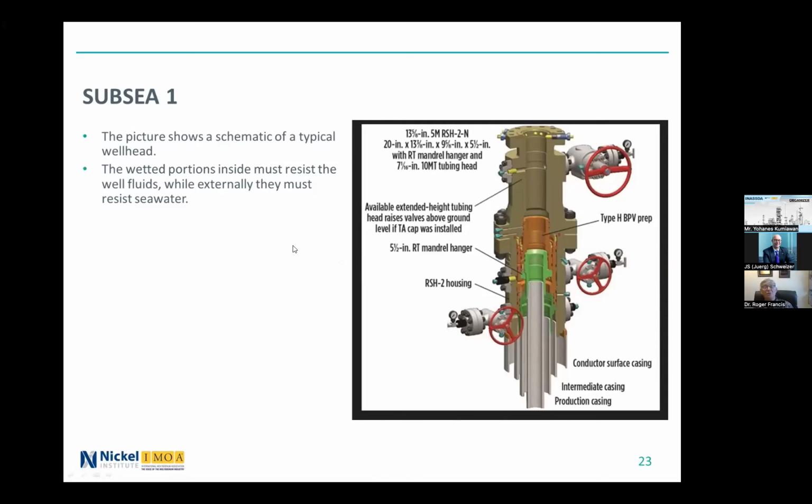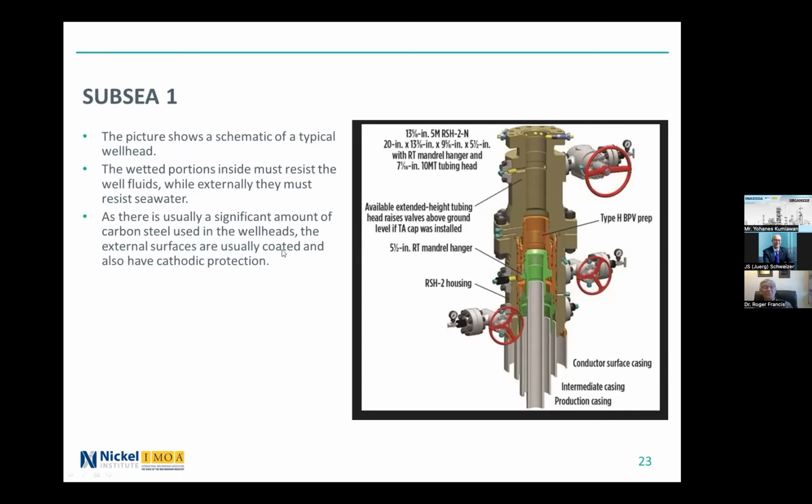So the wetted portions inside that see the well fluids, any alloy that you use must resist those. If the alloy is used externally, then because we're talking about subsea wellheads, it must resist seawater. Now, there's usually a significant amount of carbon steel used in the wellheads, and the external surfaces are usually coated, and they also have cathodic protection.